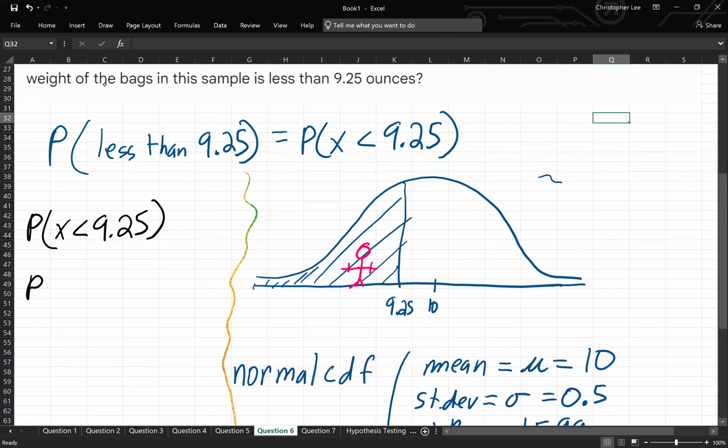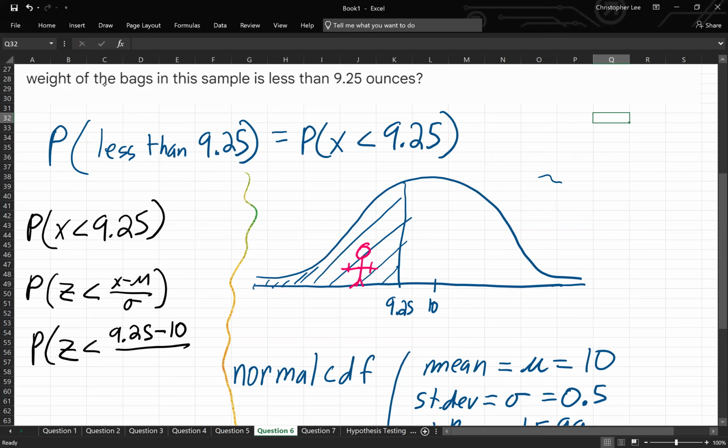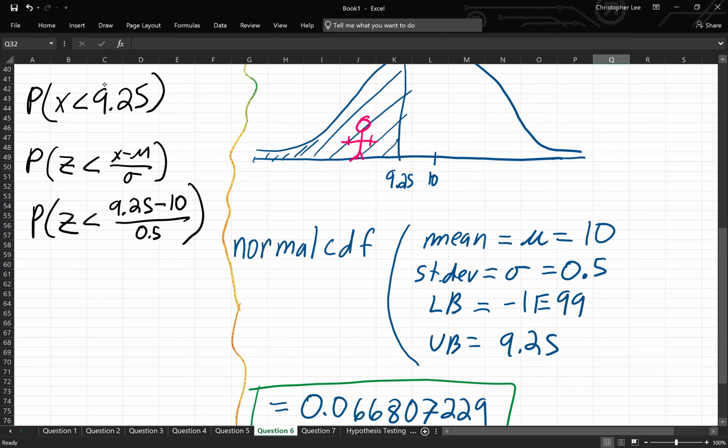Again, this is not for those of you that are using the calculator. This is for those of you that want to use a table. We change this into a Z, and it's going to be less than X minus mu over sigma. After that, you're just going to plug in the numbers. This is going to be 9.25 minus the mean, which is 10, divided by the standard deviation, which is 0.5. Little calculator magic. What do we get?